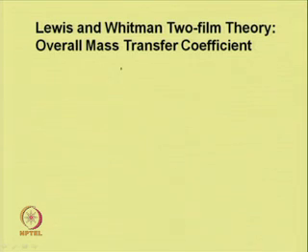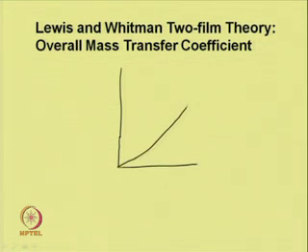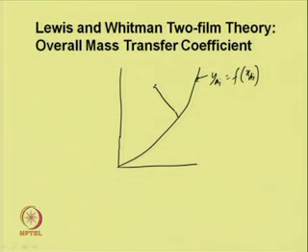We know that this is the equilibrium line, and say this is y A I as a function of x A I, the equilibrium line. And suppose this is the operating line, or this is the slope of these equations.